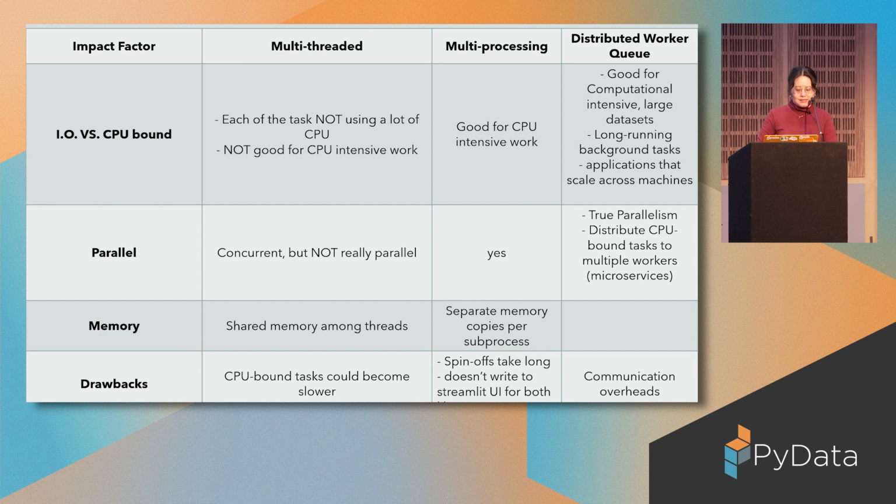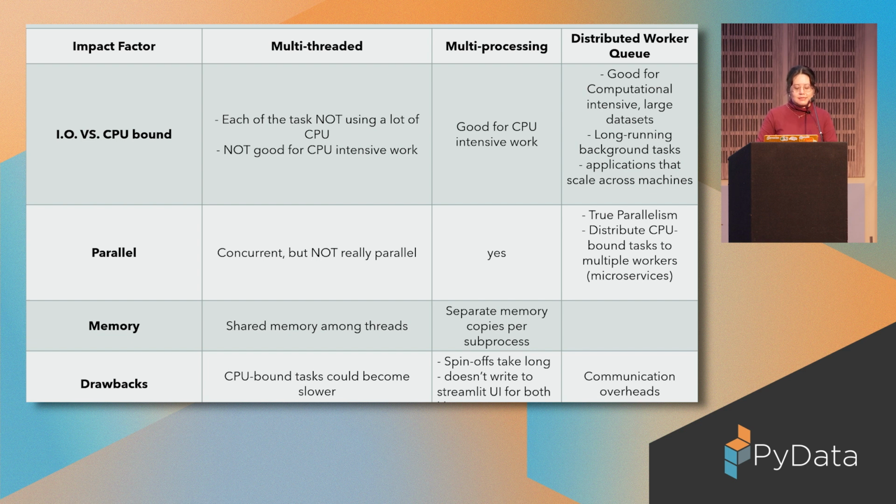But multiprocessing is better for CPU intensive work. But the best thing that we find is distributed worker queues. Multi-threading is concurrent, but it's not really parallel. But the latter two are both parallel. And a distributed worker queue can even distribute CPU intensive tasks to multiple different workers, and we call that microservices. So it can be scaled horizontally very well.